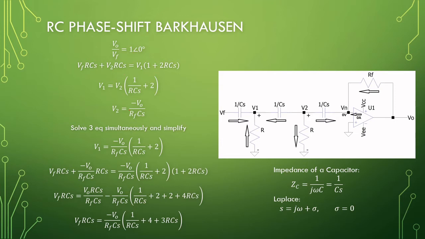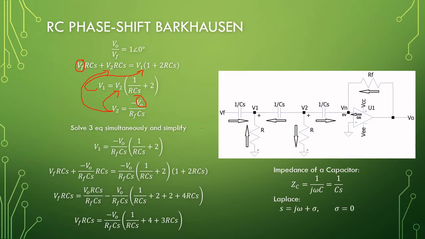So here are our 3 equations from the previous page. What you want to do is take V2 and substitute it into these equations, and the resulting V1 you want to substitute in there. Then in this top equation, what you will have left is the V out and the Vf and all the resistors and capacitors.